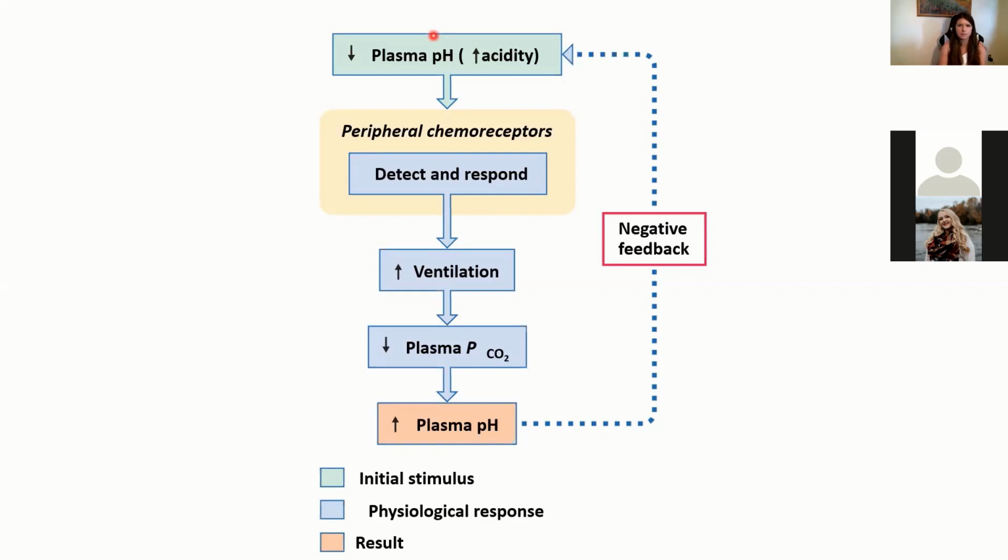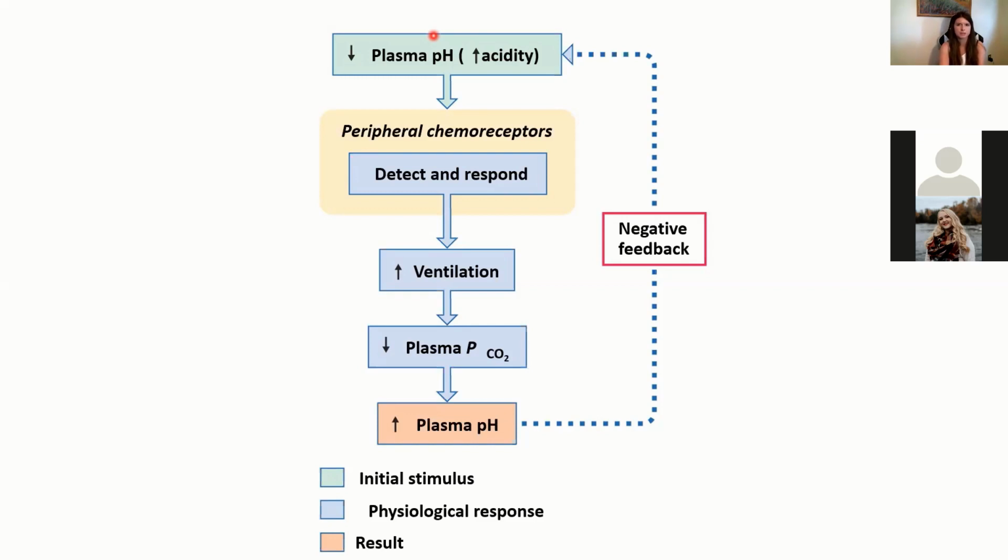It's going to be picked up by our chemoreceptors in our cardiovascular system, basically. So our chemoreceptors are going to detect and respond to this blood pH.